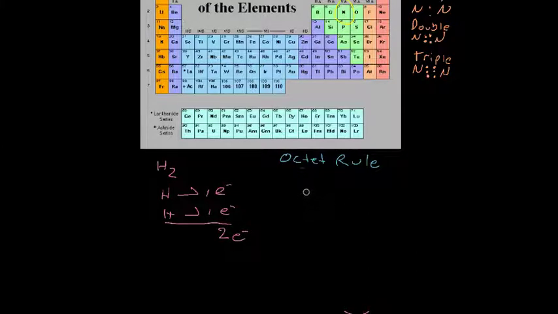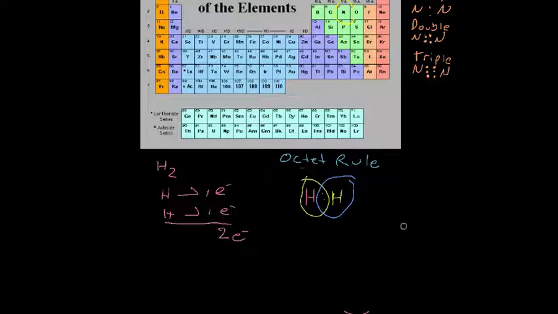So we've got a hydrogen here and a hydrogen here, and they're going to be held together by at least a single bond, right? And we know that we have to use 2 valence electrons total. If we don't, we've messed up somehow. Held together by a single bond. I've used my 2 valence electrons, and now I'm done. This hydrogen is going to share those 2 electrons. This hydrogen is going to share those 2 electrons, and it's happy.